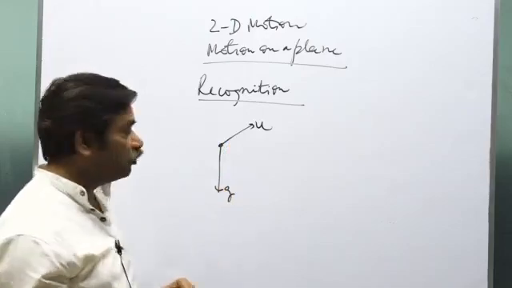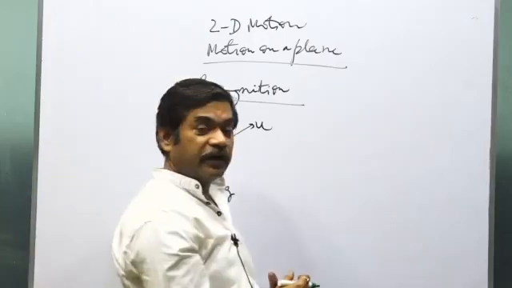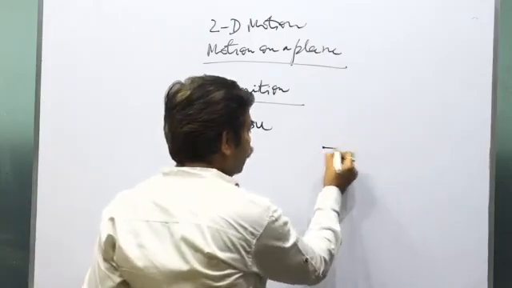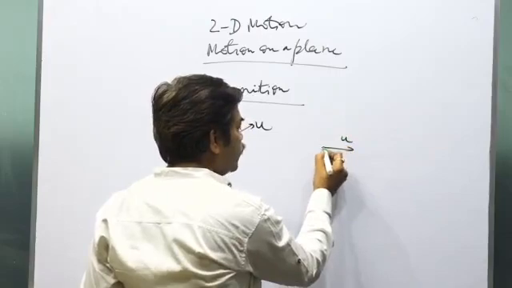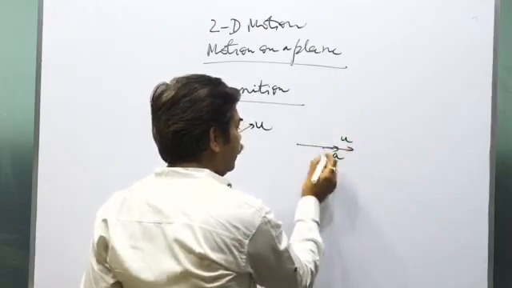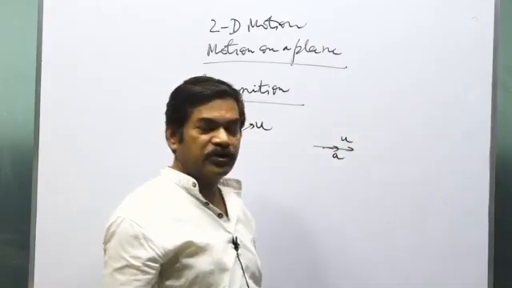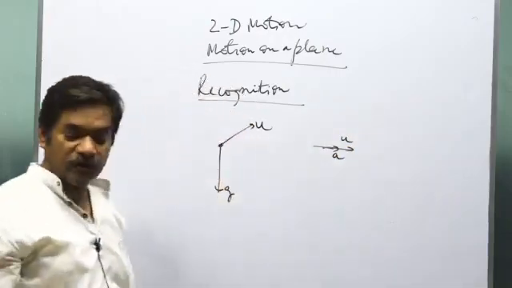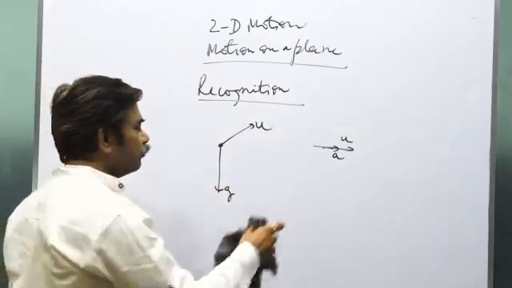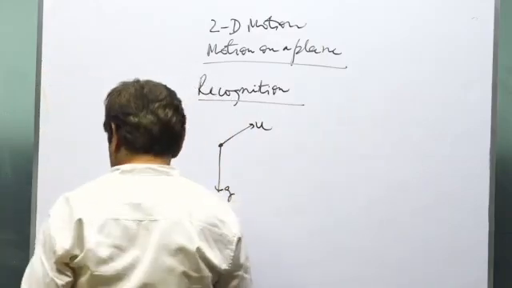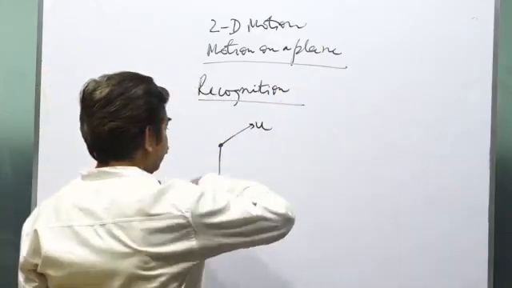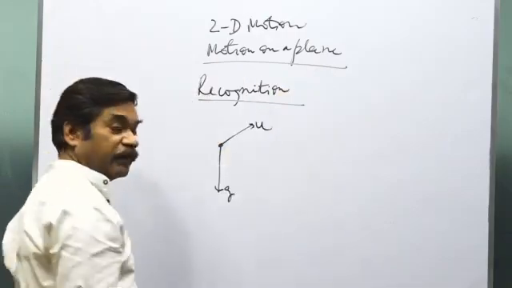Like see, in the 1D motion, that is motion on a straight line, initial velocity and acceleration are along the same line. Acceleration might be in the opposite direction also, but that will be in the line of initial velocity, so the motion was on a straight path. That was a 1D motion. Now see here, the initial velocity is on a different line, acceleration is along a different line.